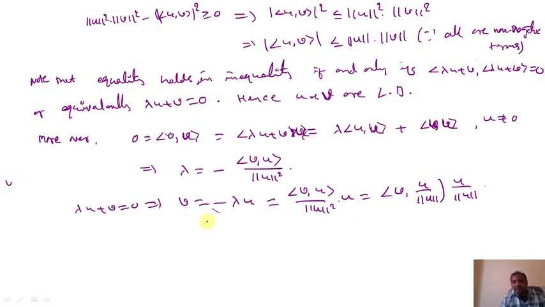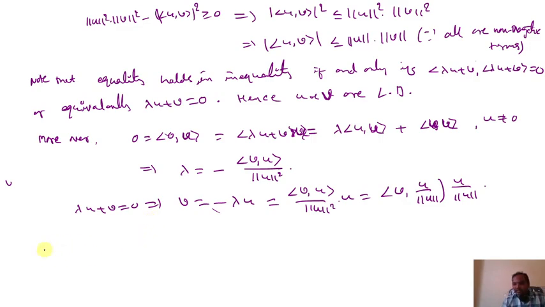That means v equals some non-zero scalar times u, so they are linearly dependent.